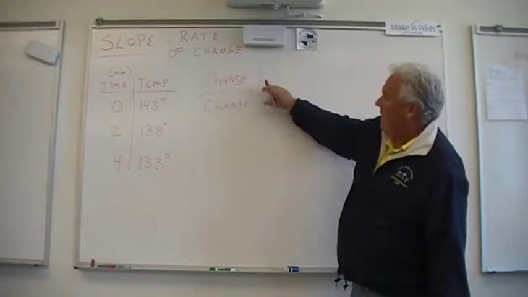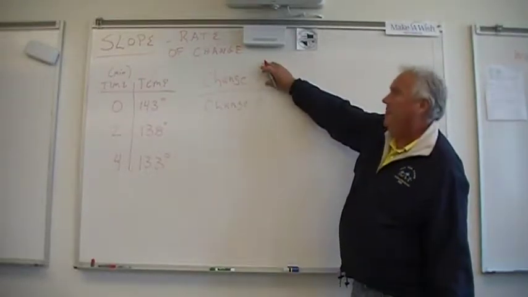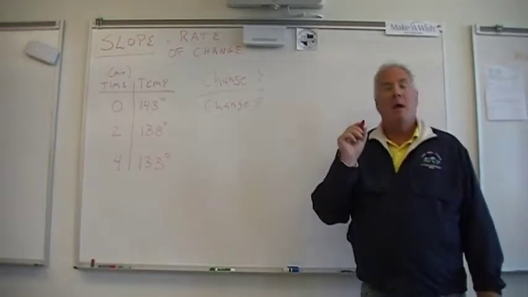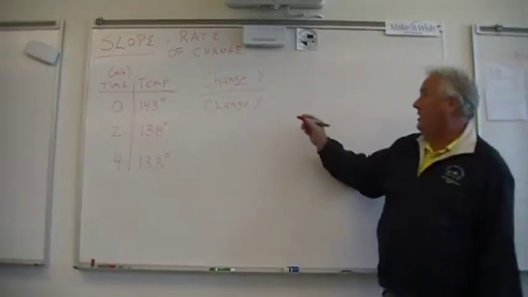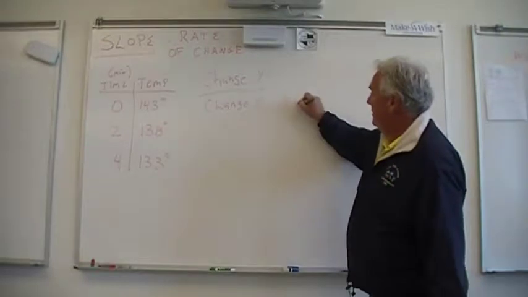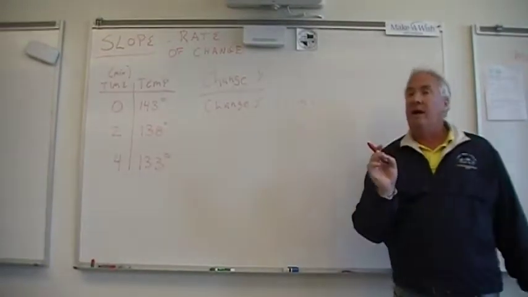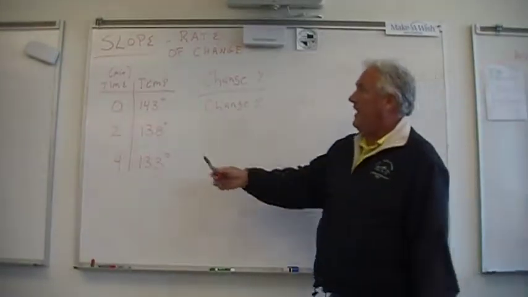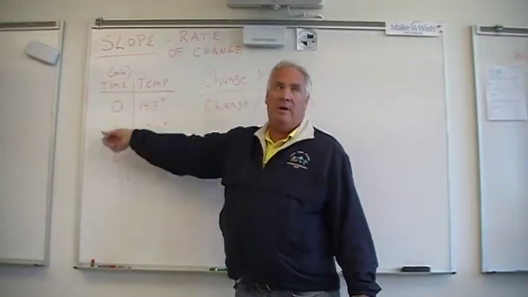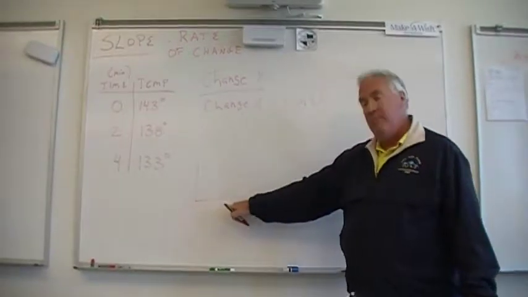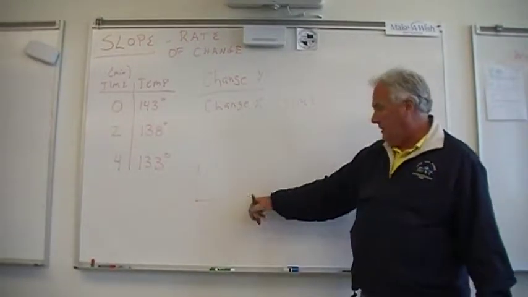So change in y over change in x is the change in temperature over the change in time, and that's a rate. Another tip for real life situations: time is usually going to be your x. If you didn't figure that out from Algebra 1, your time is almost always going to be right here, because when you graph it, time moves linearly like this.